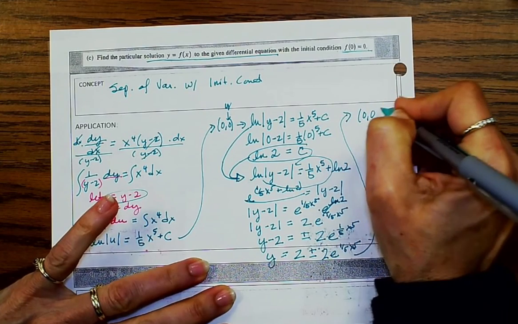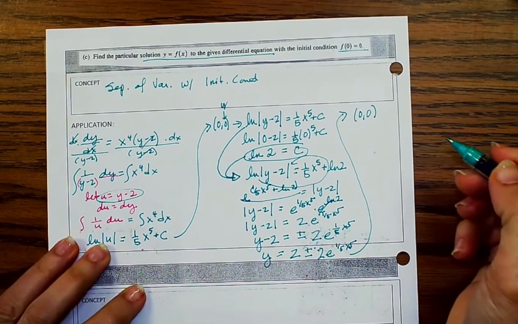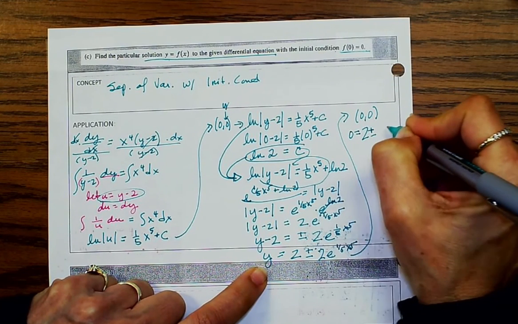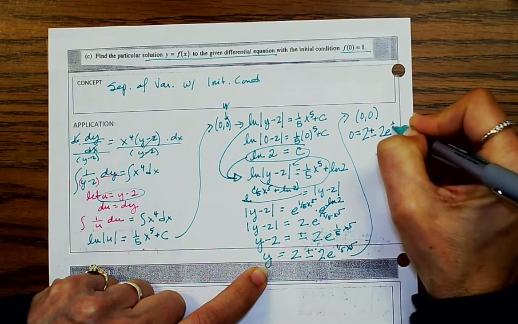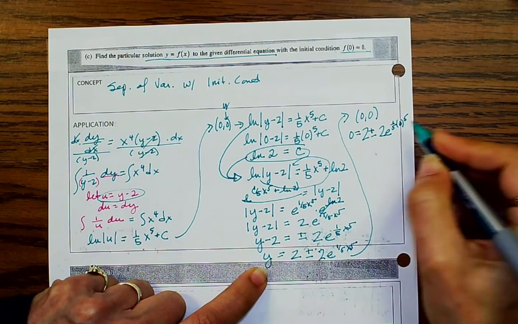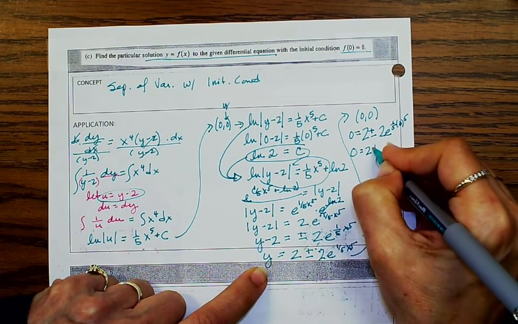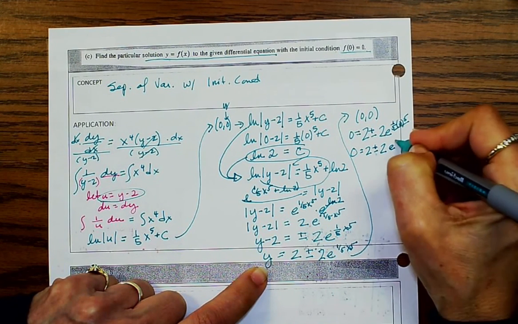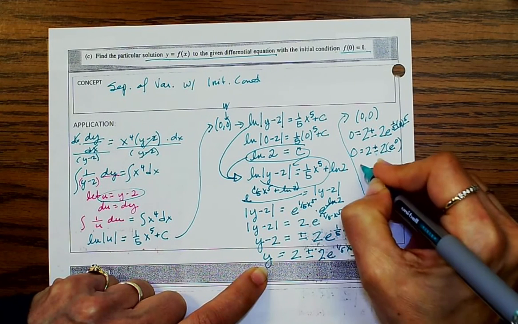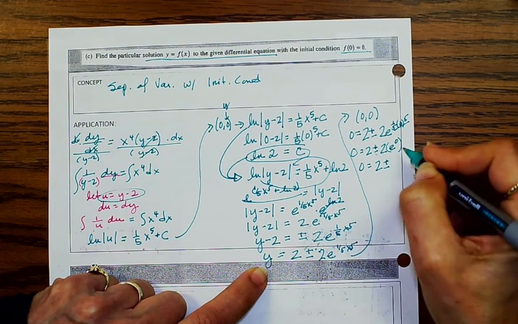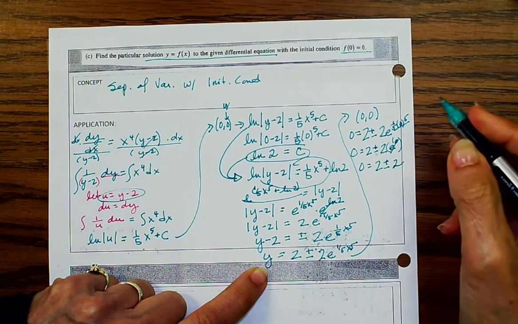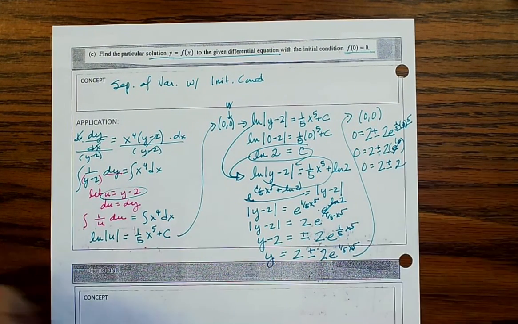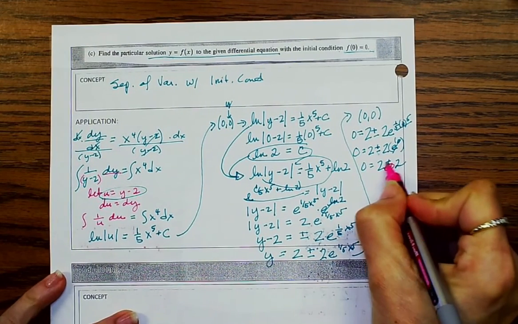We have the initial condition of 0, 0. So if y is 0, it has to equal 2 plus or minus 2 times e to the 1/5 times 0 to the 5th. Well, 1/5 of 0 to the 5th is 0, and e to the 0 is 1, so 0 has to equal 2 plus or minus 2 times 1, which is 2, and the only way 0 equals 2 plus or minus 2 is if we use the minus and not the plus.